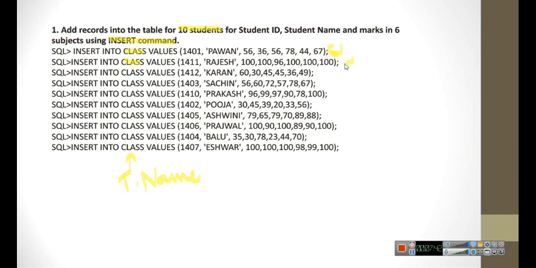Hit the enter key, and you'll get record is inserted successfully. Like that, you are going to use the insert command 10 times to insert the values into the table. So this is about adding records into the table using the insert command.